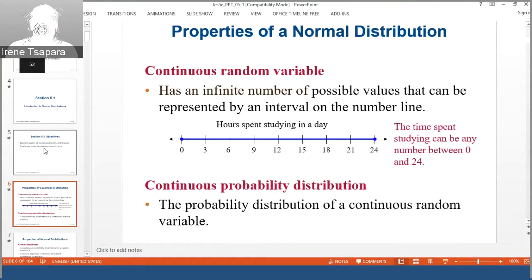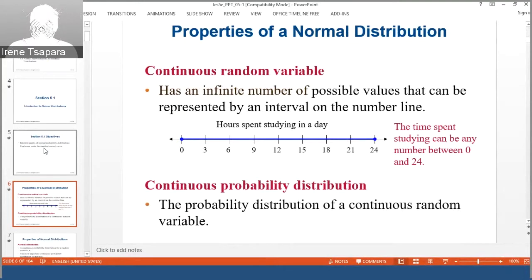Okay, the first thing that it's important to talk about is that the normal distribution is over a continuous variable. Continuous variable meaning the variable that you have, your x, can take values over an interval of the real numbers. While previously we looked at distributions that were discrete, so the values that they could take were always specific whole numbers, integers.